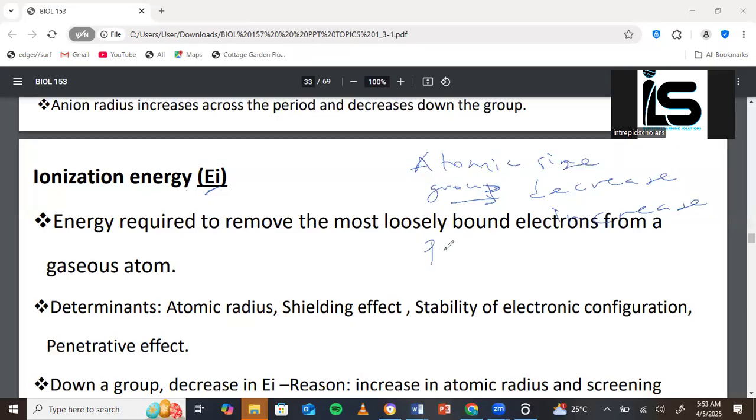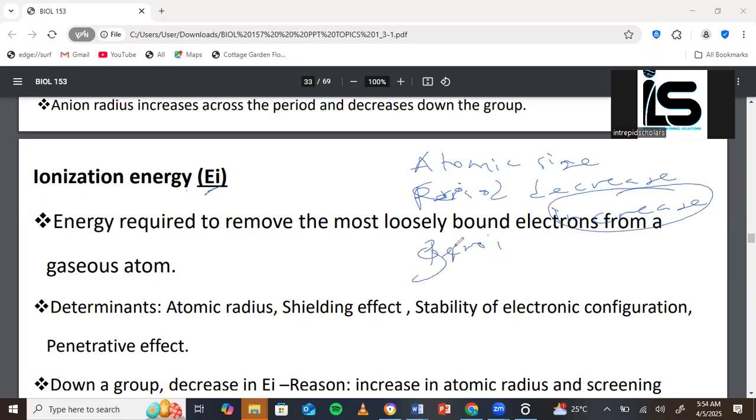Now, I said down the period. Hey, sorry, I've mixed them. Sorry, across the period. Across the period, atomic size decreases, right? So what will happen to ionization energy, electron affinity, and electronegativity is that they would increase.